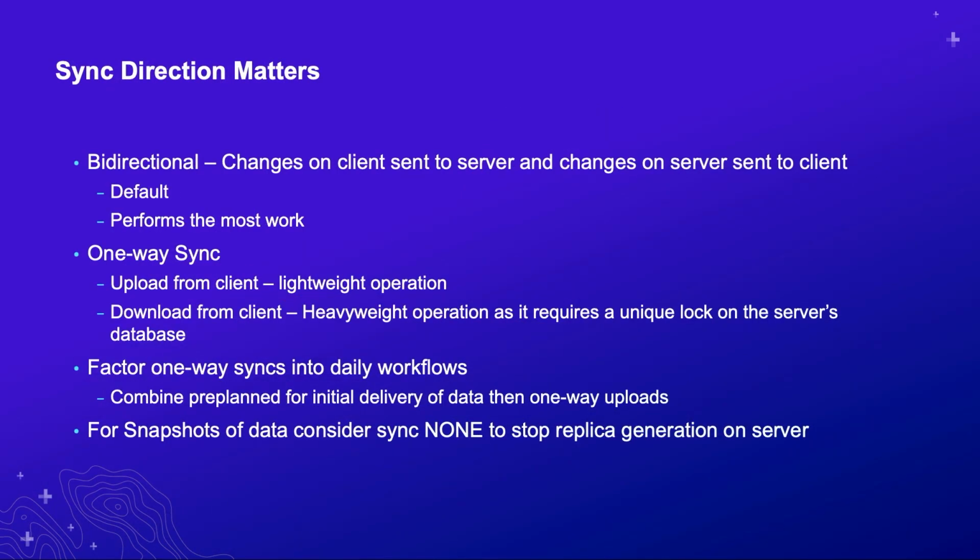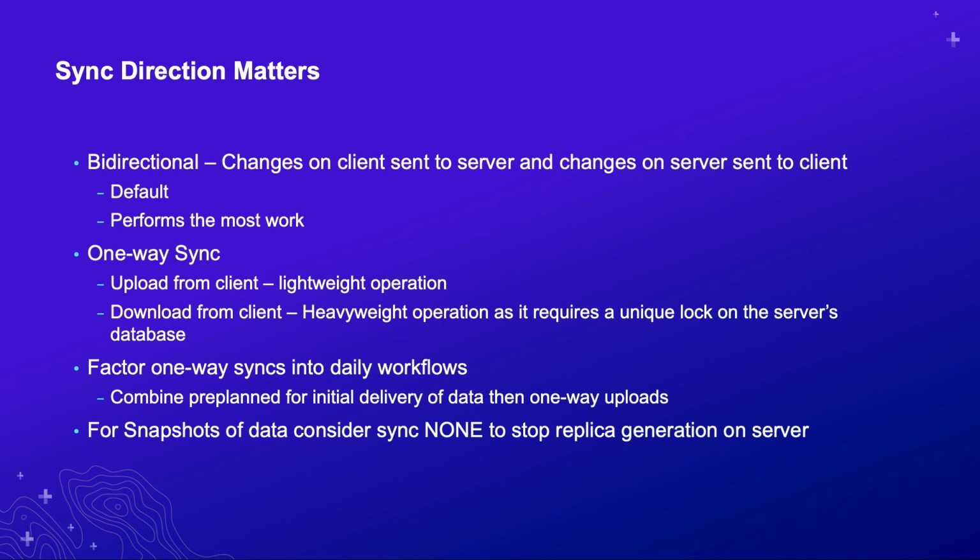So the sync direction really does matter. The default is to perform a bidirectional sync. This is where we take changes from the client and upload them to the server, and we take changes that have happened on the server and download them to the client. It ensures that the server and the client are both in sync with each other. But it's the heaviest and most costly exercise in terms of performance, and you might not need it.